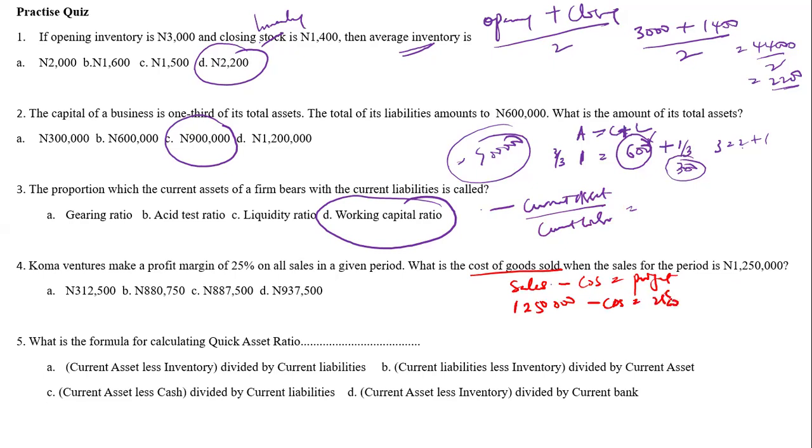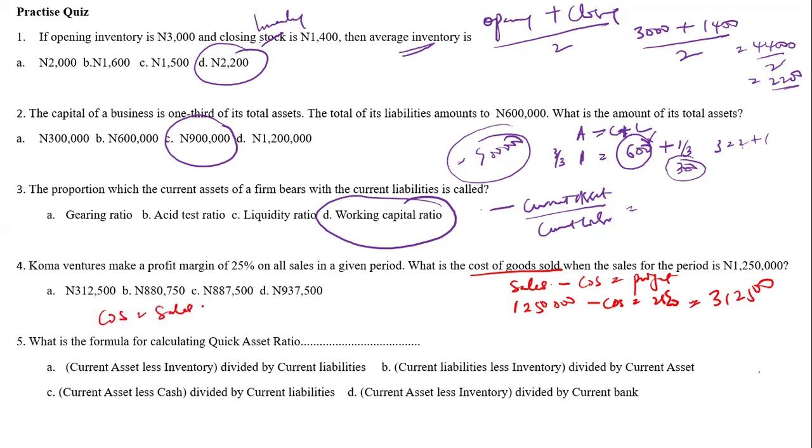We quickly pick up our calculator. Like what I always tell you, that calculator is our friend. Counting is the easiest subject in life. So our profit there is the 25% of 125,000. And for us to get our cost of sales, very simple.